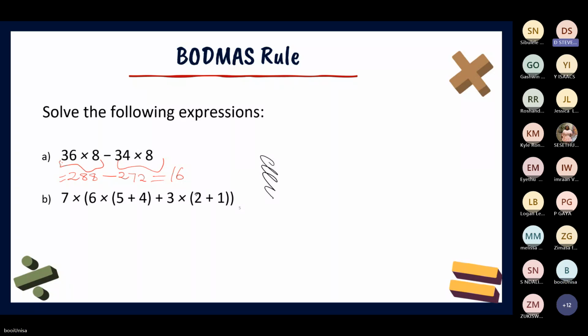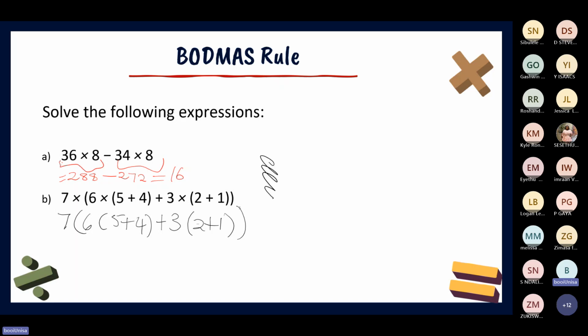So the same equation can be written as 7 times 6 times 5 plus 4 plus 3 times 2 plus 1 and close bracket. You can write it like this because it says 7 multiplied by everything in the bracket. So a number before a bracket means that number multiplied by whatever is inside the bracket.